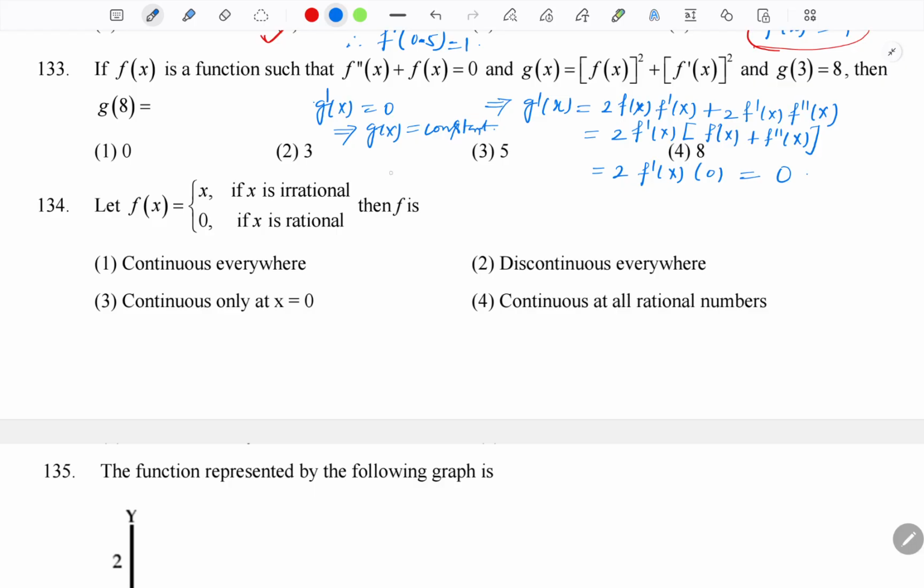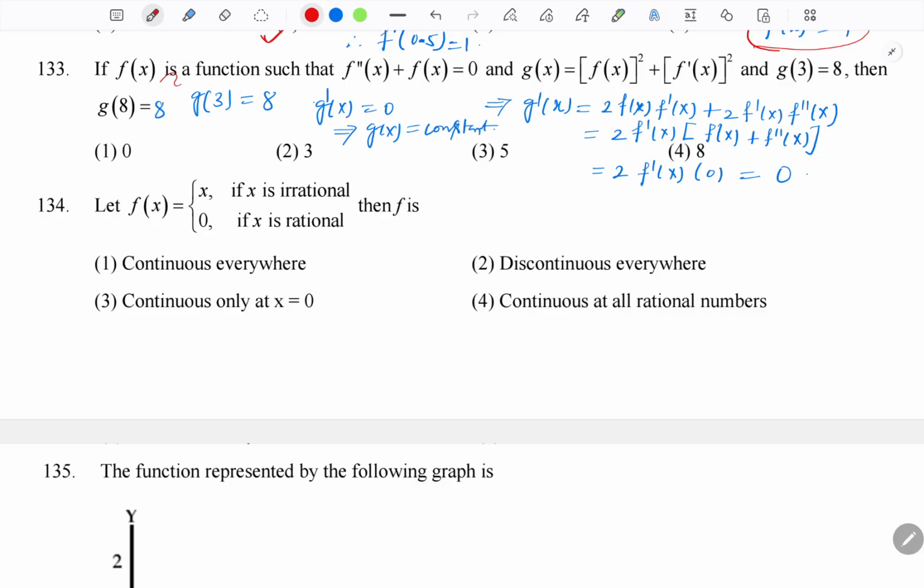Then, they gave that if g of 3 equal to 8, then g of 8 also, that fixed value, right? Understood my point? Observe here, this function is clearly constant. Here 3 they gave, constant 8. If you give 8 also, it's independent, again we will get 8 only. So g of 8 also answer is 8.